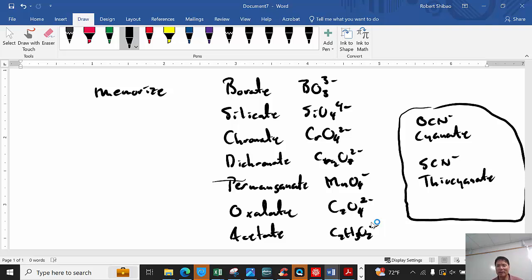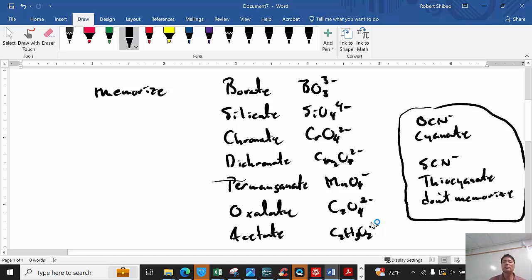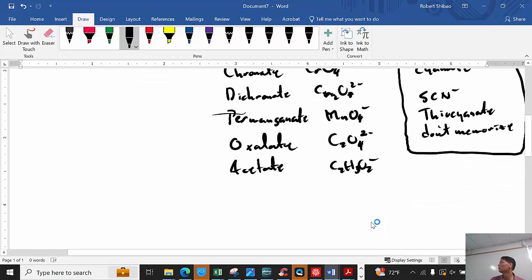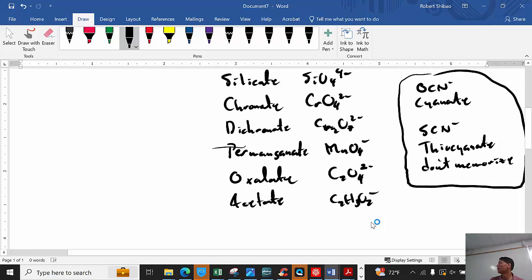These ones you don't have to memorize. I think these are pretty good, so just get started on these anions here. Yeah, dichromate Cr2O7 2 minus.